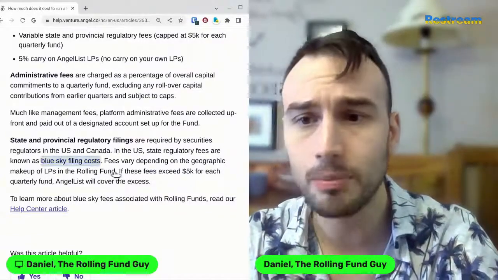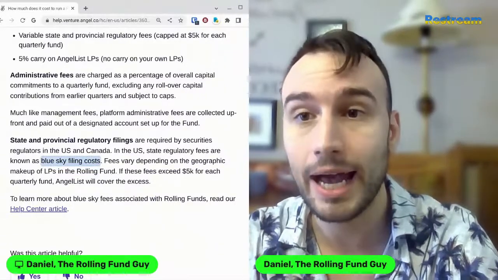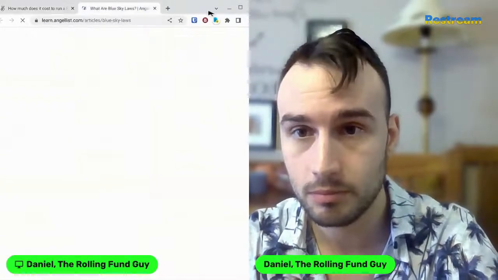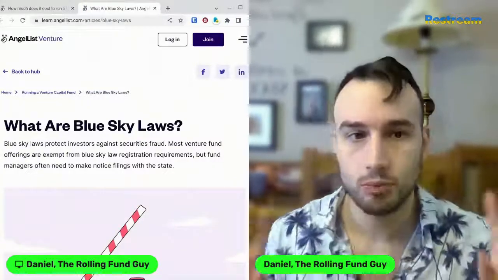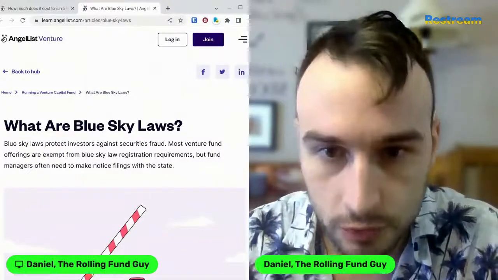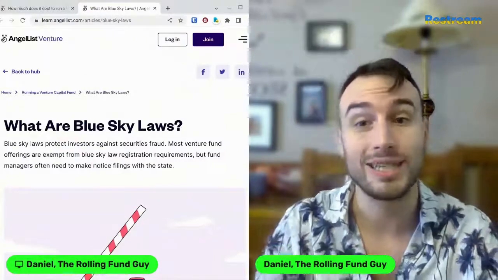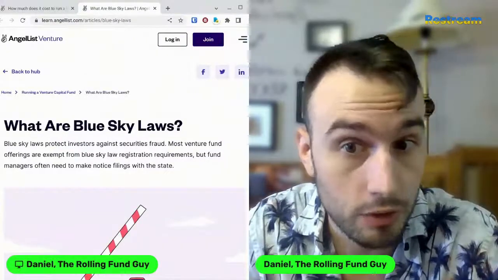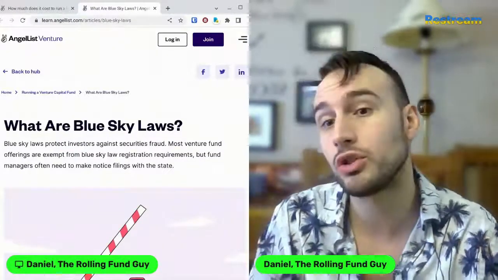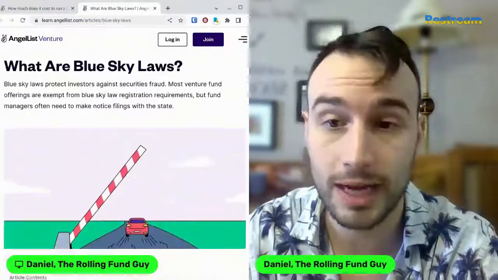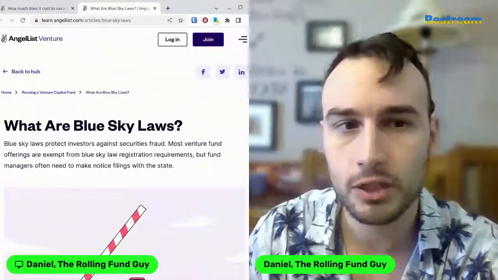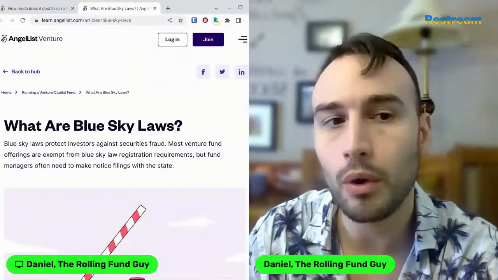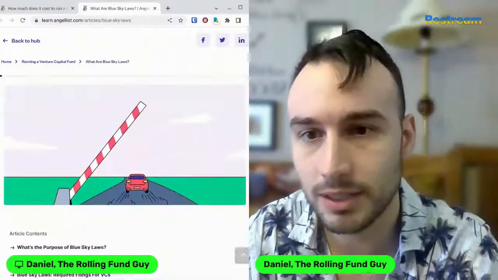Now let's take a little look at these blue sky fees here. What are blue sky laws? Blue sky laws protect investors against securities fraud. Most venture offerings are exempt from blue sky law registration requirements, but fund managers often need to make notice filings with the state. I'm not going to read the entirety of this, but I've read this before and I want to bring some aspects of it to light.